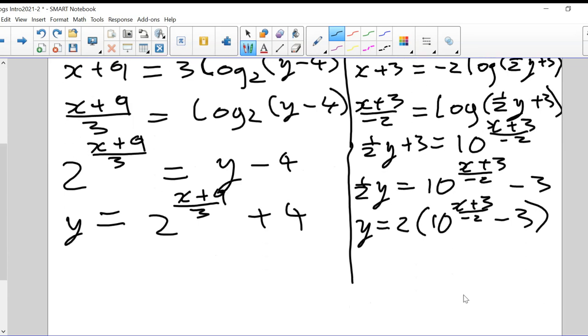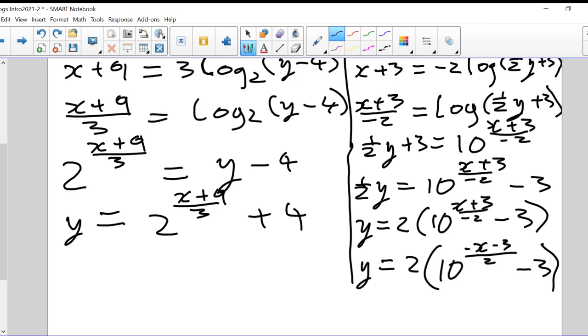Now, as a personal preference, and Jeremy kind of made the point earlier, I don't particularly like when a denominator is negative. This is not necessary, and I'm not going to insist on this, but here's what I would prefer to write: 2 times 10 to the power of minus x minus 3, putting the minus on the top, over 2, and then minus 3 on the end.